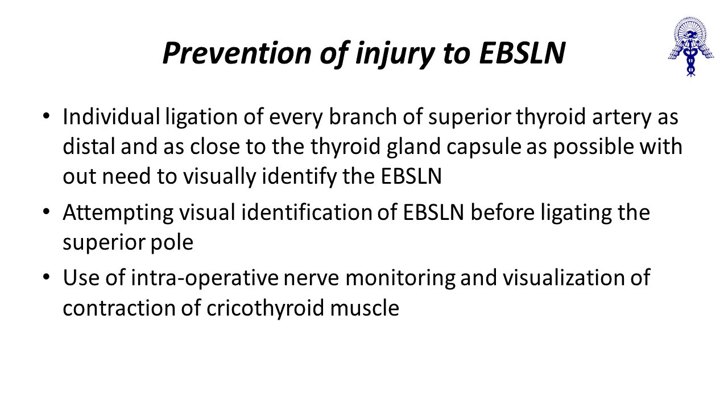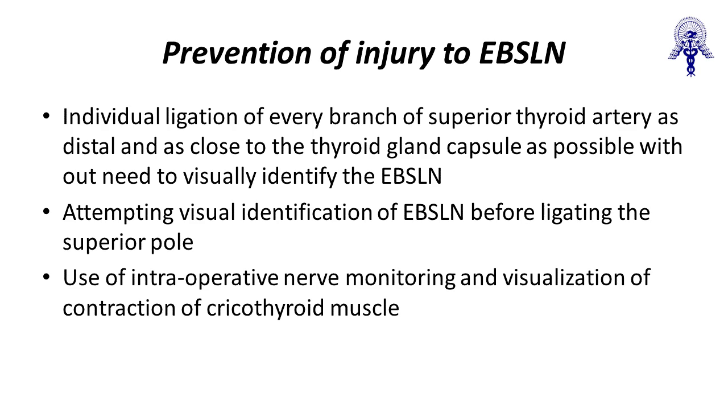So, individual ligation of every branch of the superior thyroid artery. Usually what was taught is that en masse ligation of the superior thyroid artery on the upper pole of the thyroid can prevent injuring the nerve. But no, in the type 2B variety, it will definitely be caught there. So individual ligation of the branches of the superior thyroid artery almost at the capsule of the thyroid prevents damage to the external branch of the superior laryngeal nerve, even if we do not identify it.